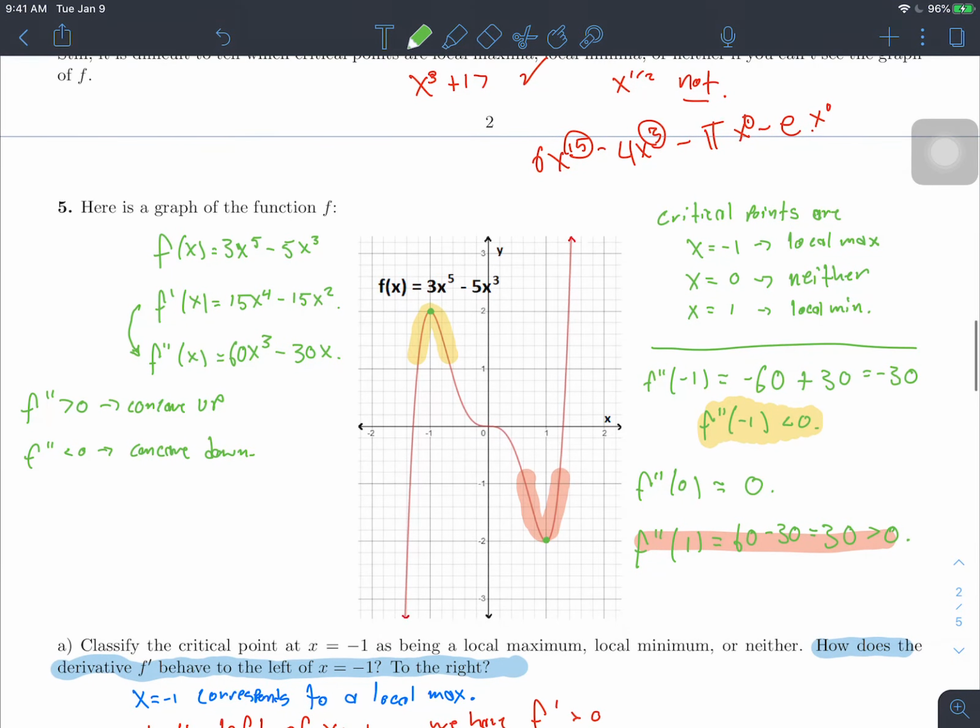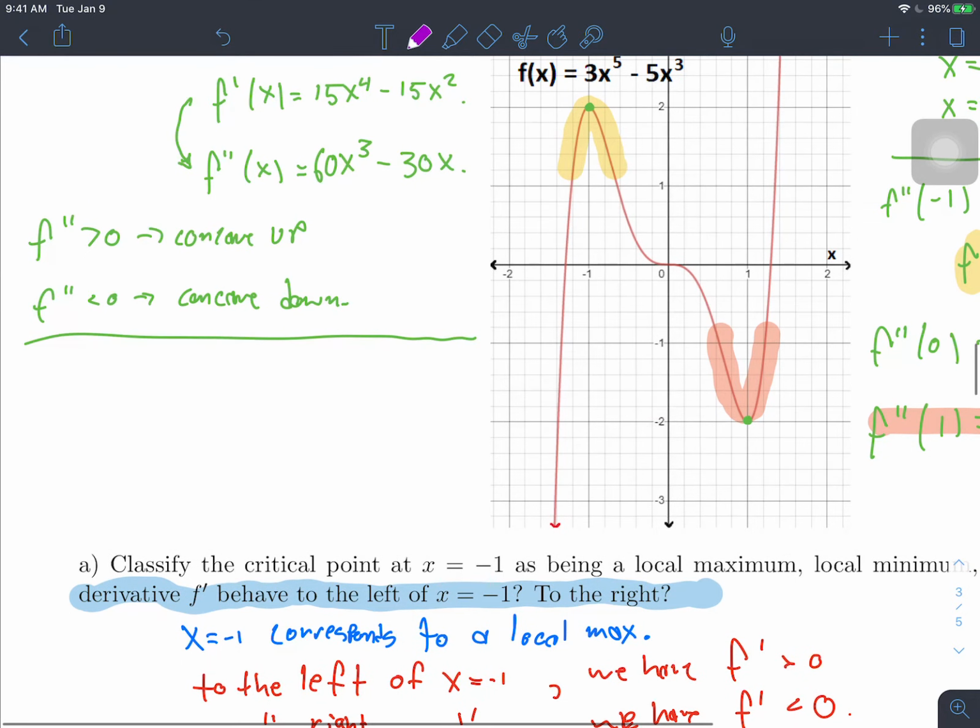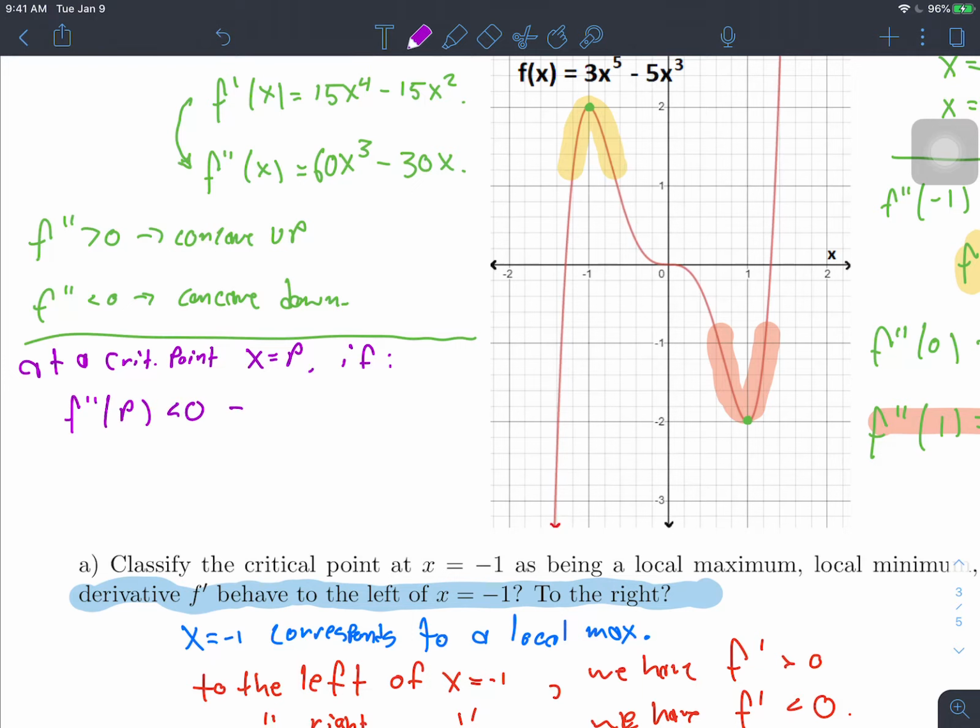Okay, so let me write it explicitly, what's going on here. At a critical point, x equals p, if f double prime of p is less than 0, we have a local max.